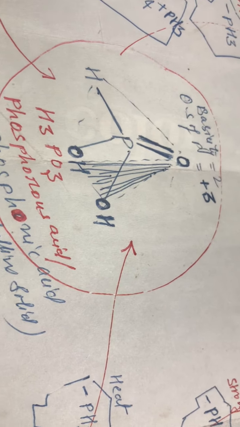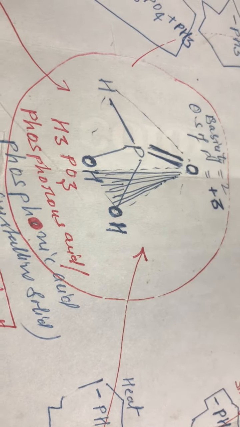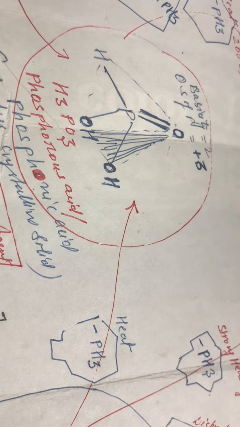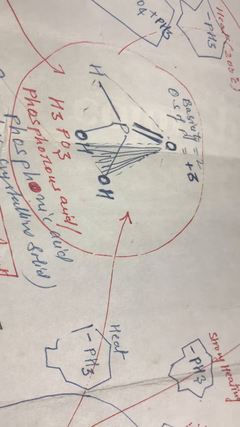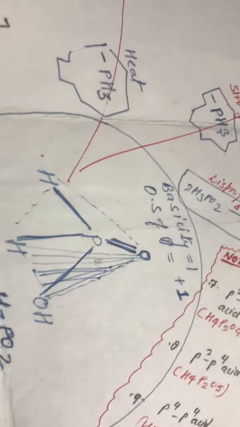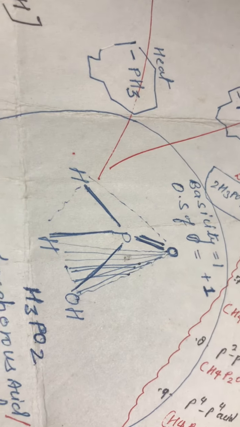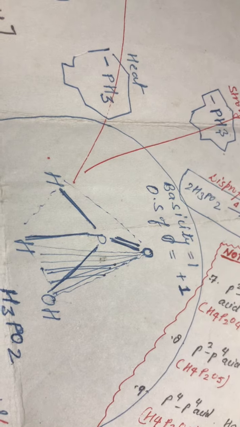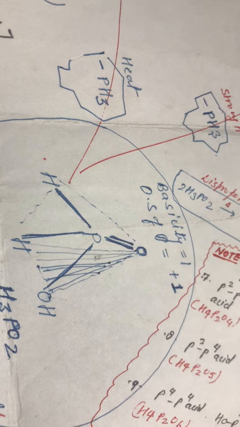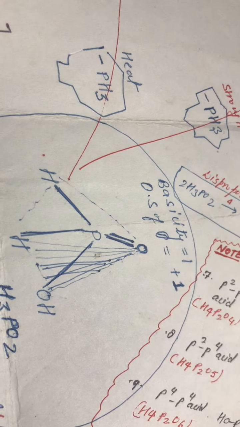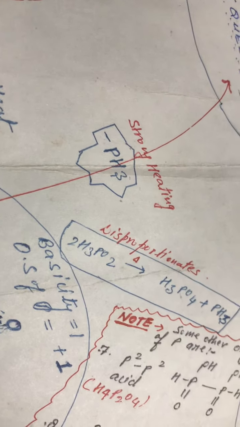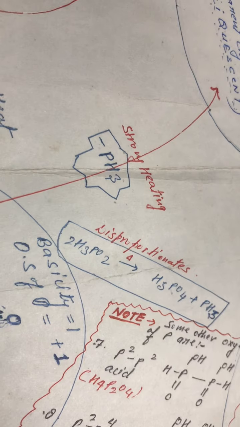They can undergo oxidation because they have a lower oxidation state, because phosphorus oxidation state maximum is +5 and minimum is -3. So when you heat this phosphinic acid, definitely it will undergo disproportionation to give the maximum and minimum oxidation states. Its minimum oxidation state is -3. That means phosphine. This phosphine has a rotten fish smell.